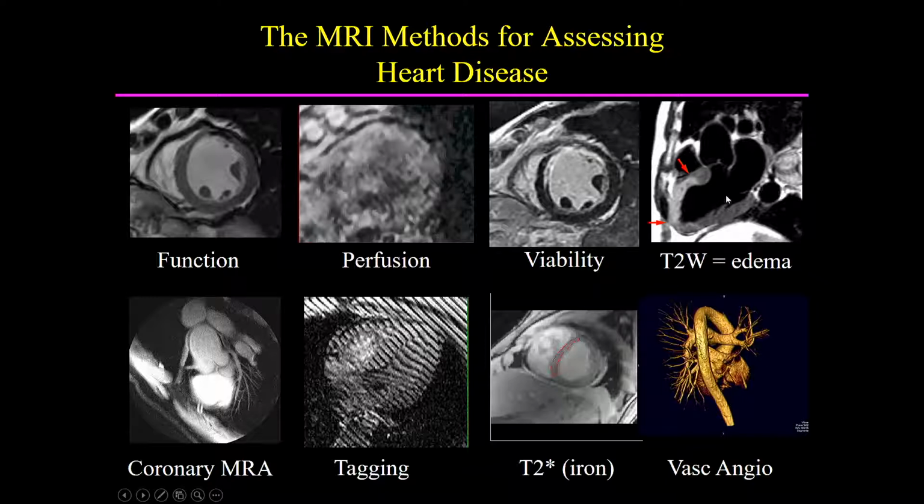There are also mapping techniques. For example, the common ones that I use are called T2 star to look at myocardial iron. T2 is a way to look at myocardial edema. I wouldn't worry so much about these because I'll come back to explain what they mean. But in a typical exam, the point is that you can pick different types of pulse sequence to represent the question of interest.